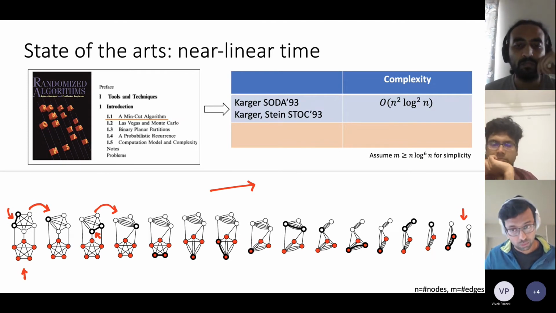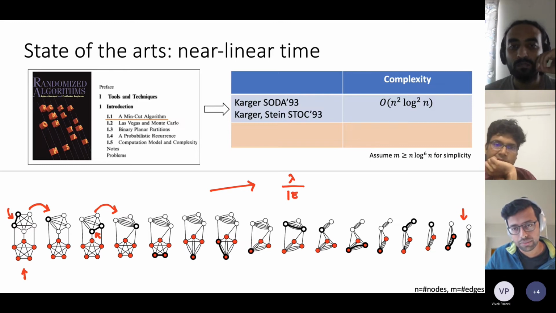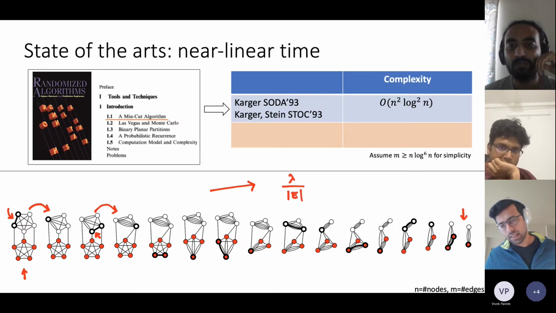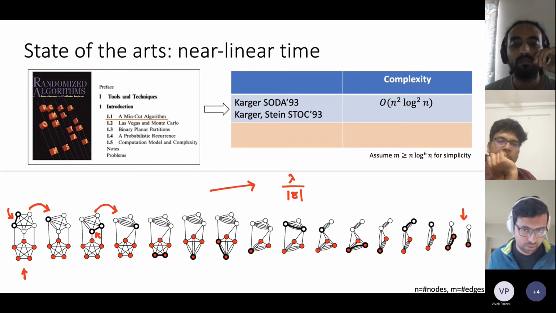Why this works. The probability that you are going to contract an edge of the min cut is going to be the size of the min cut, let's call that lambda, divided by the number of edges of the graph. For the time being, let's assume that the graph is a simple unweighted graph, so there are no weights on the edges, and the same kind of analysis also works for weighted graphs.